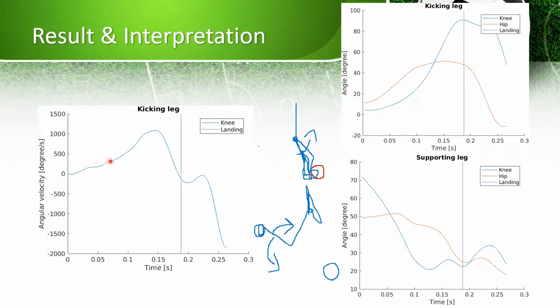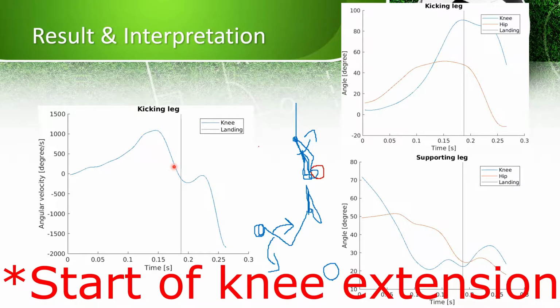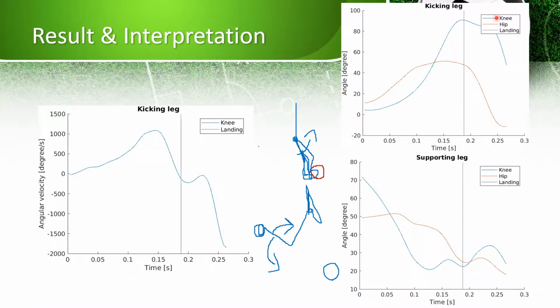So as you can imagine already, the knee angular velocity is maximal here, and it decelerates up to the point of zero. So zero here is the turning point from knee flexion to the end of knee flexion and the start of knee extension. So the point at zero is actually the point of maximum knee flexion here.